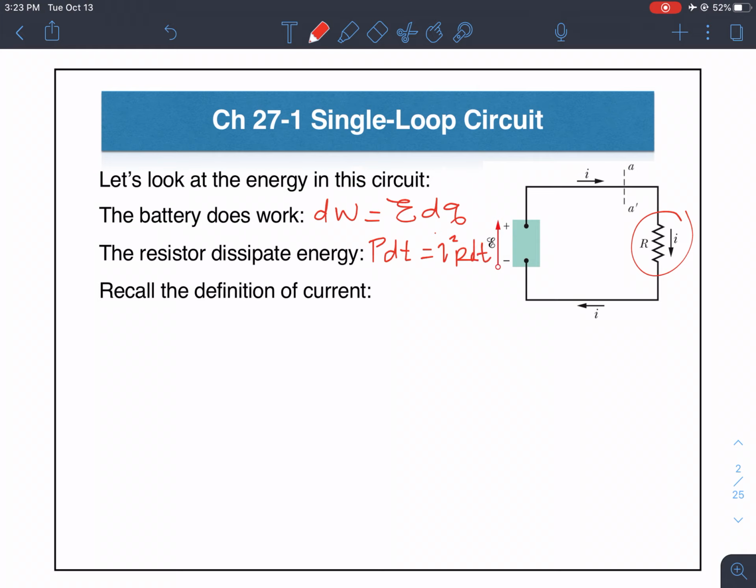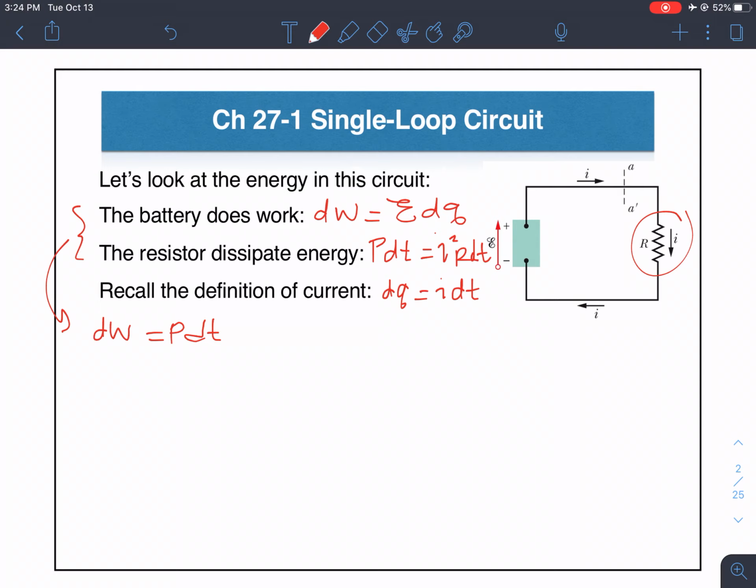And if you recall the definition of the current, we can write it for charge: dq is equal to I times dt. Right, so we're just writing a bunch of things. We're going to put them together, as you probably guessed. We know that the energy is power times time, right? So we are really putting the first two together.